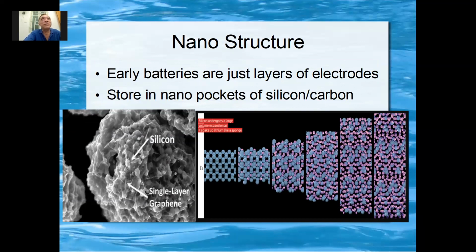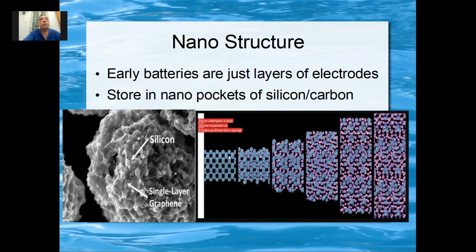Okay, the structure starts from here. Let's say when you charge, the lithium comes in. The lithium will not be pasted onto the plate one by one now. They have this structure to guide the lithium in. So once it's in, the lithium will pack inside this structure. So it will not form dendrite, less likely.